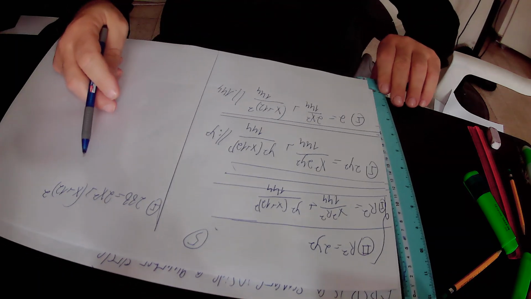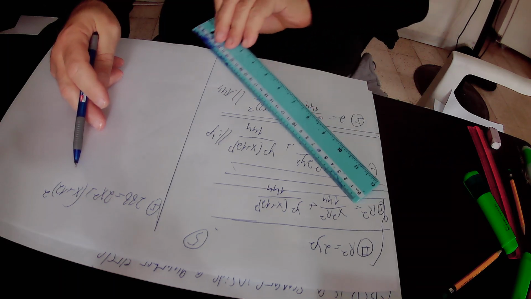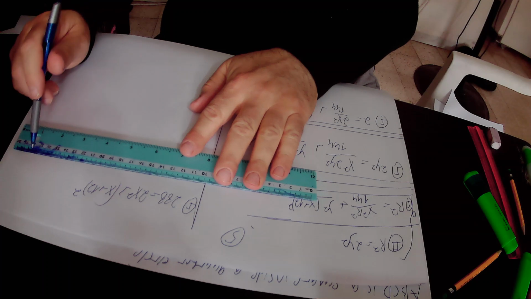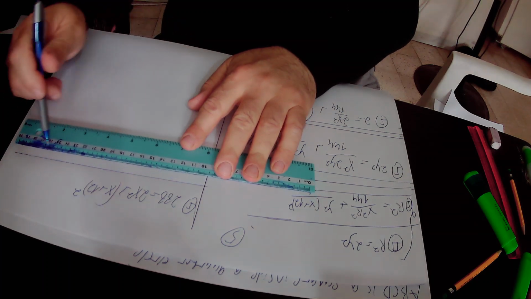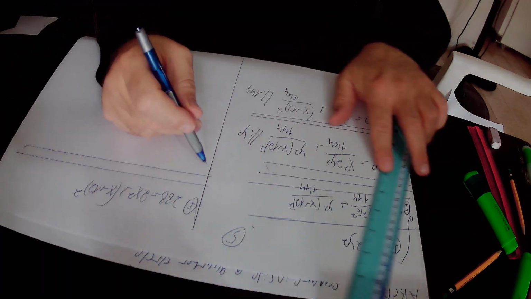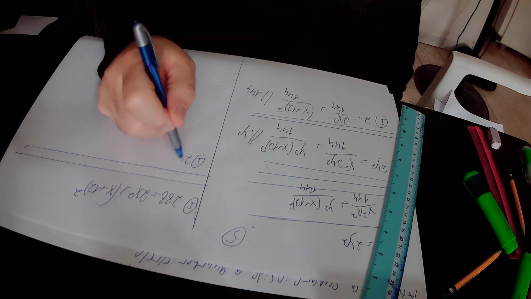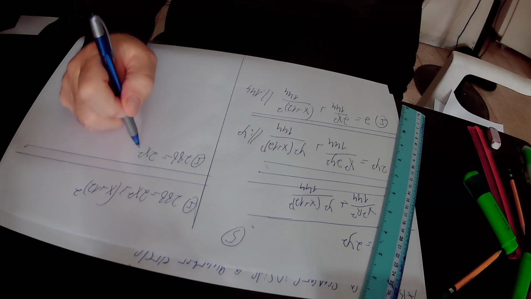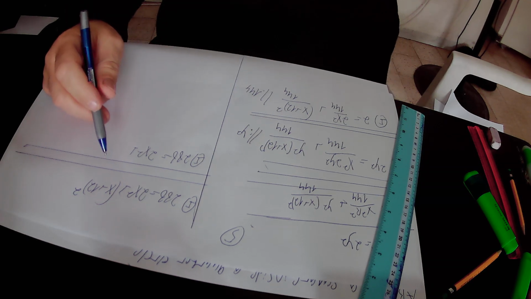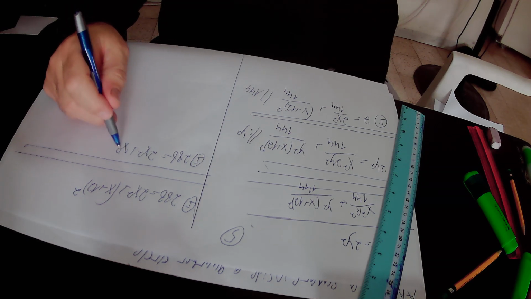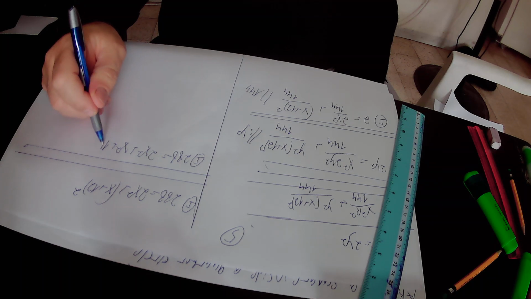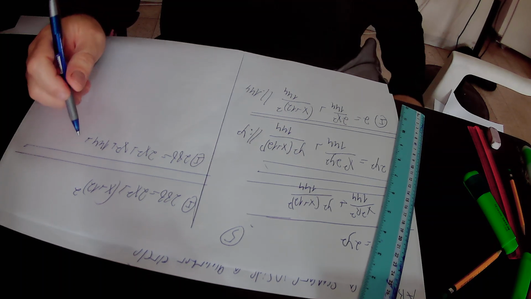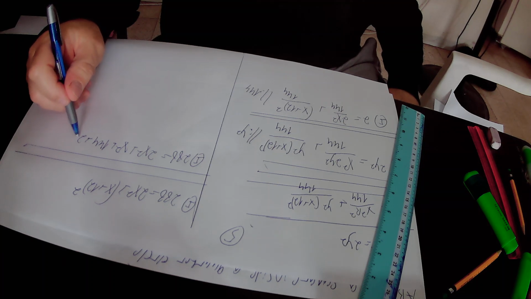So here we'll open the brackets of this expression. This is equation 1, and we get that 288 equals 2x squared plus x plus 12 squared, which equals x squared plus 12 squared, that is 144, plus 2 times x times 12, that is 24x.